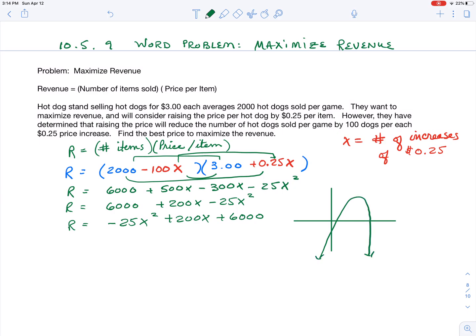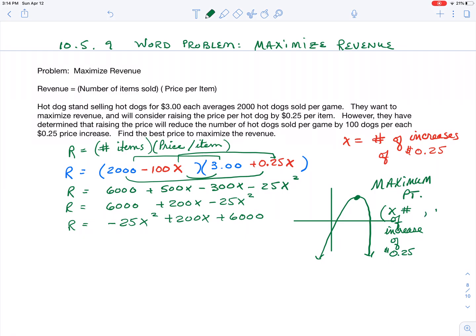What I'm going to be interested in is this point right here. I want to know the coordinates of that maximum point because those coordinates are going to be in this order. The first one, the x, is going to tell me the number of increases of 25 cents.